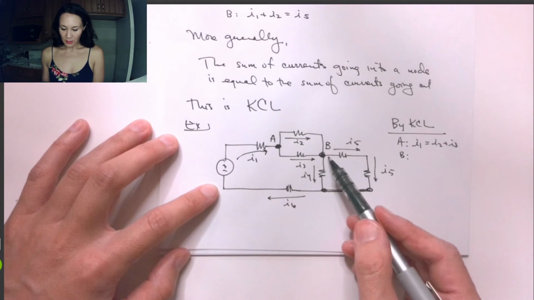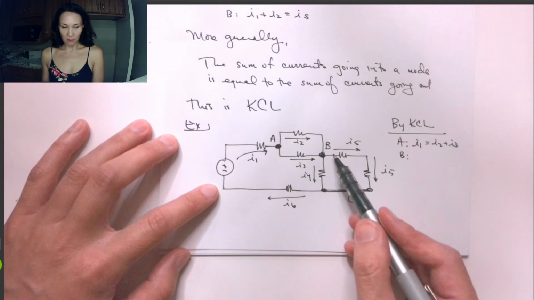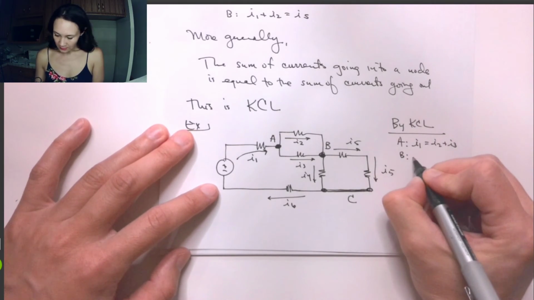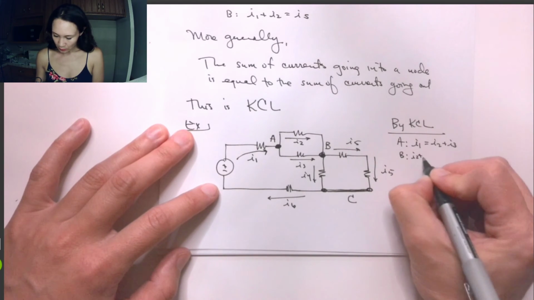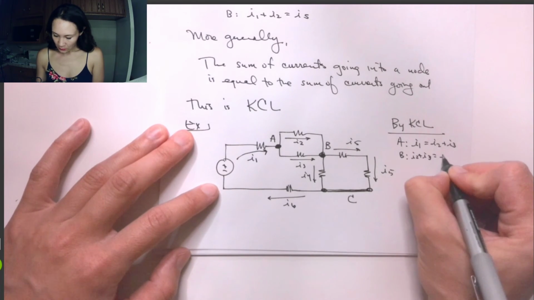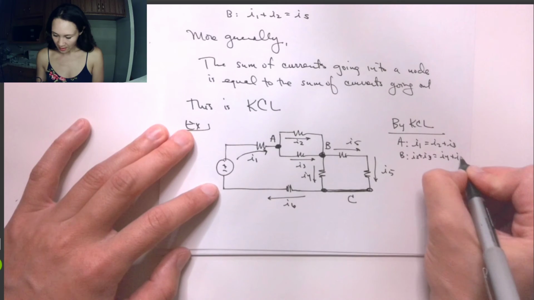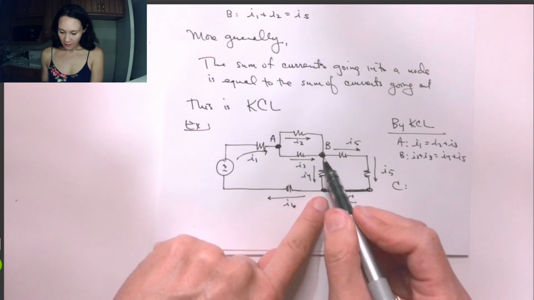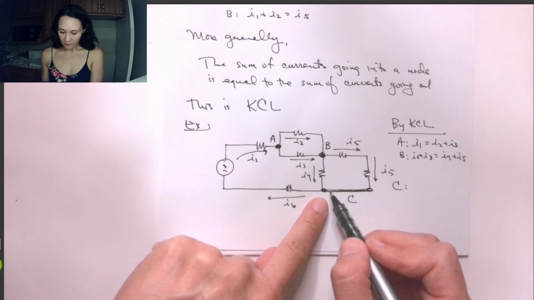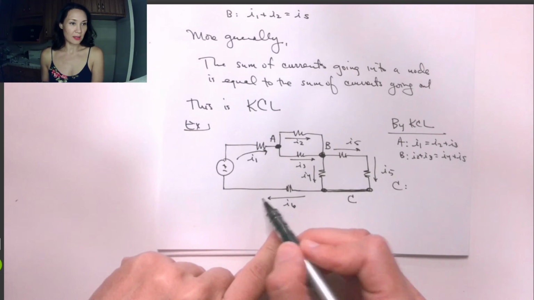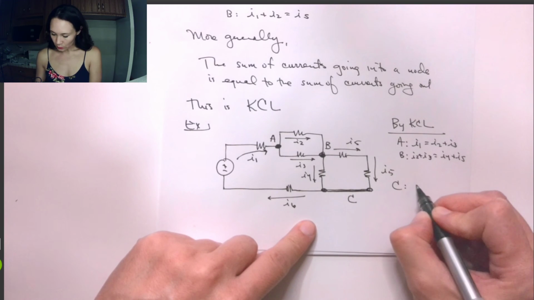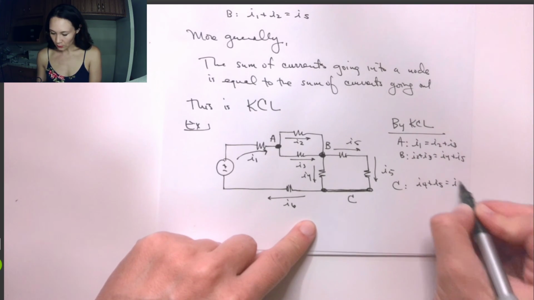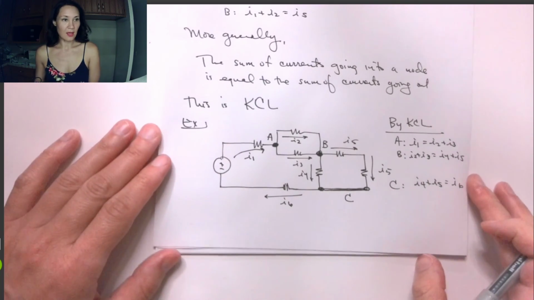So that has to be equal to I4 plus I5, which are the currents coming out. So this equation would be I2 plus I3 is equal to I4 plus I5. And then at node C, we have I4 coming in and I5 coming in, and we have I6 coming out. So this equation would be I4 plus I5 is equal to I6.